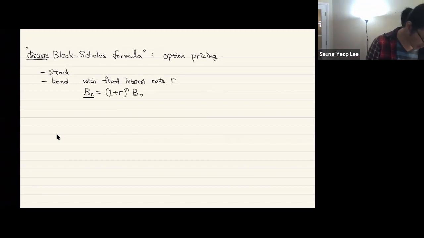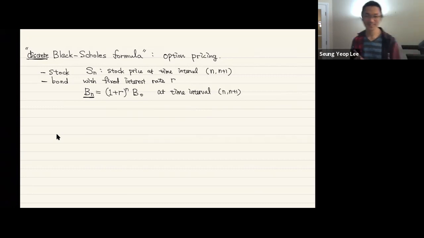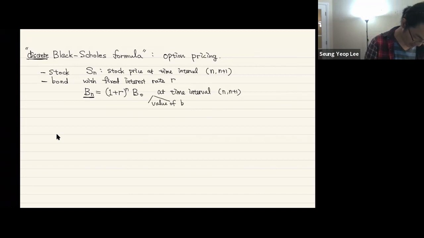For the stock, the price is random, so Sn is the stock price at time n.